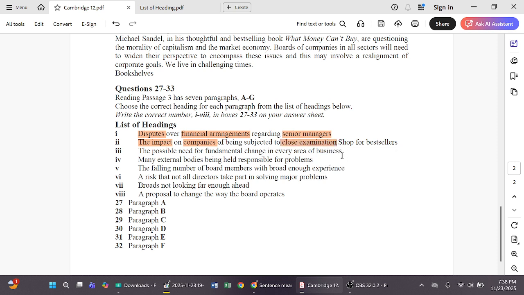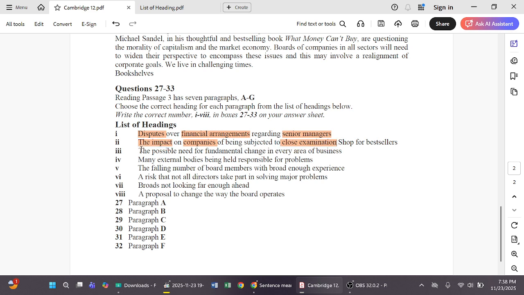We can easily get what it means, right? For best selling or for improving their organization or shop, they are doing some close examination, and as a result it has some impact. Maybe it is a positive impact or a negative impact, so we have to focus on whether it is positive or negative.